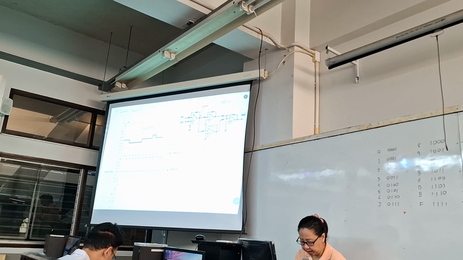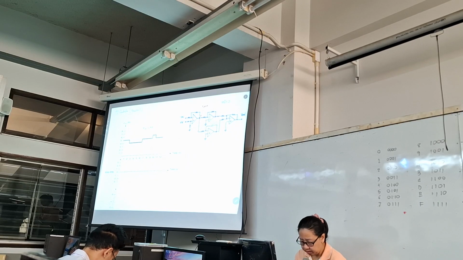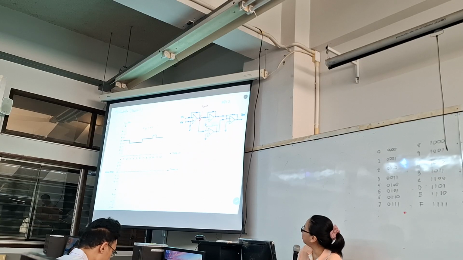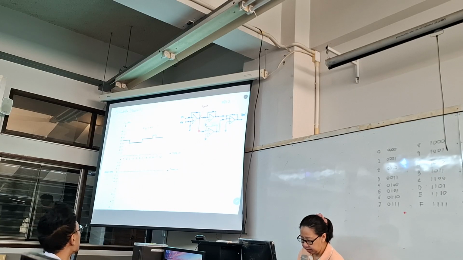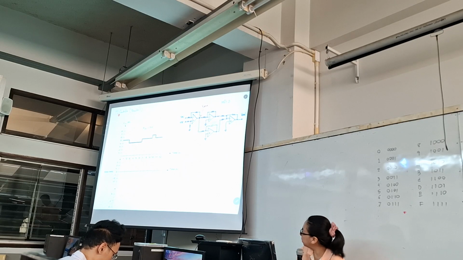So where is P, where is I? P is here, that is the P controller. I is the I controller. So the P and I controllers have the same input and the same output. This is called a parallel connection of P and I.